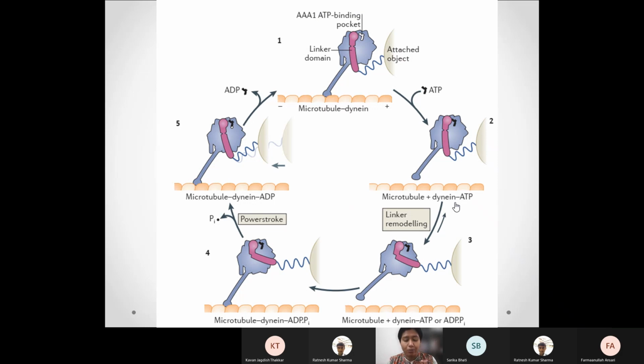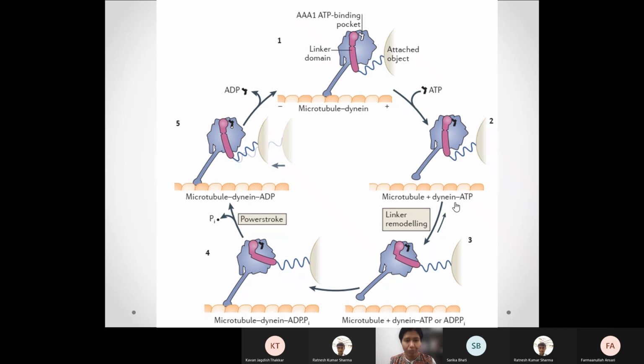So similar to that situation, the moment you have ATP bound to the pocket in the AAA1 domain, the dynein motor binding domain detaches from microtubule. So it's no longer attached, it detaches. And then simultaneously, it tries to find the next binding site.